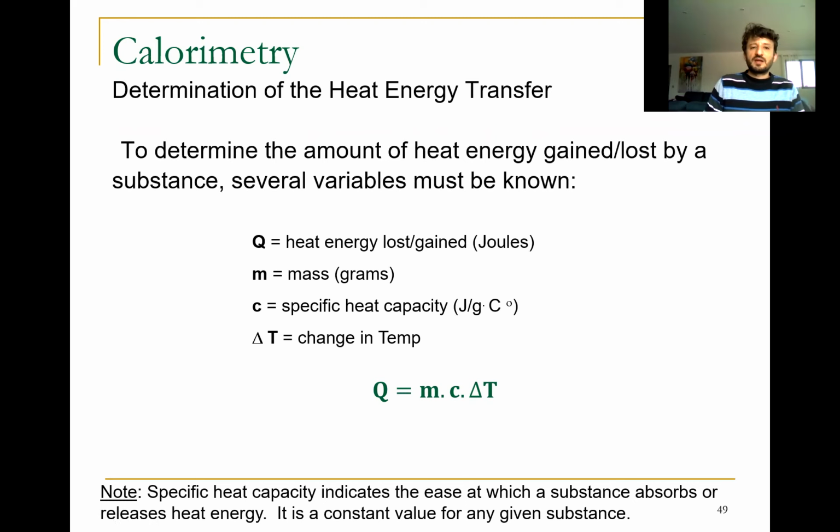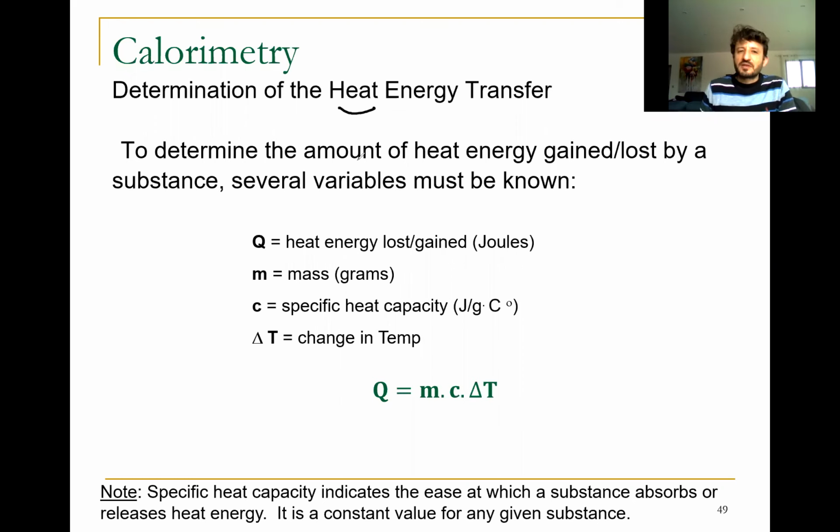In general, how can we calculate the quantity of energy Q? We talked about this equation in the last slide: determination of the heat energy transfer. We can say heat, or heat energy transfer; the transfer of energy is the heat.